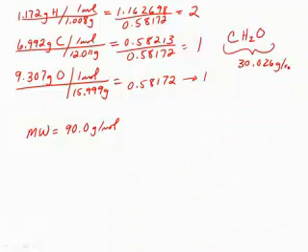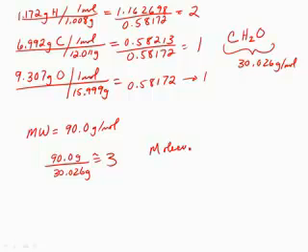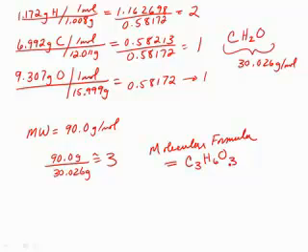So if I take my mass here divided by the mass of the empirical, that's going to give me approximately 3. So my molecular formula is equal to C3H6O3. You just multiply the subscripts by the 3.